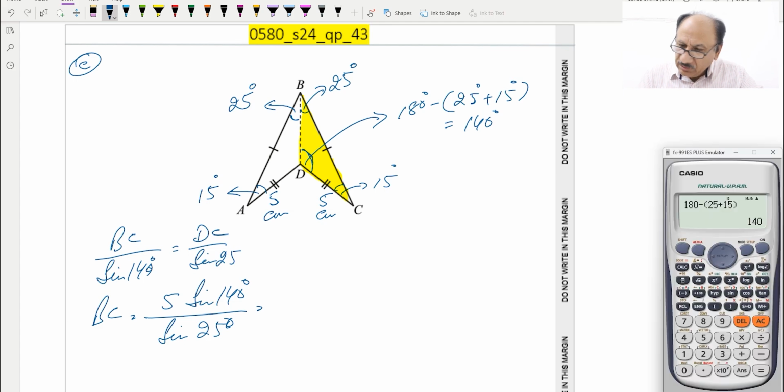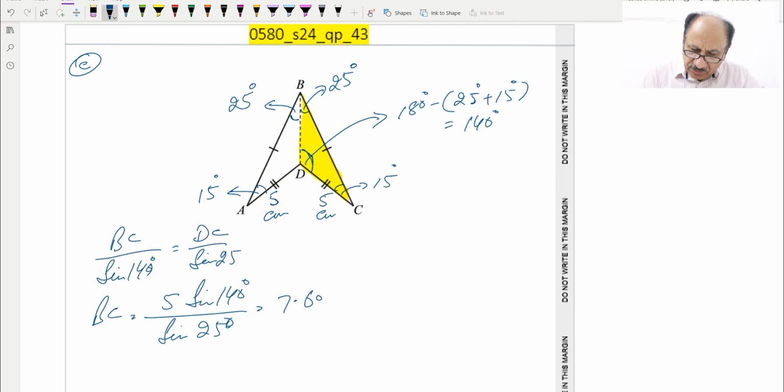Now this one we can calculate. This will be 5 sine of 140 degrees divided by sine of 25 degrees, and this is giving us 7.60 up to 2 dp.